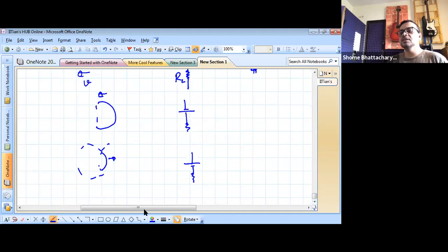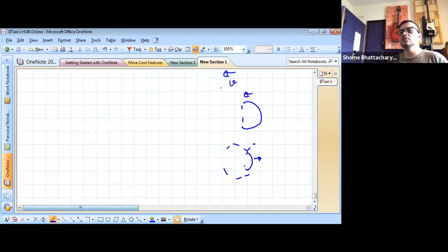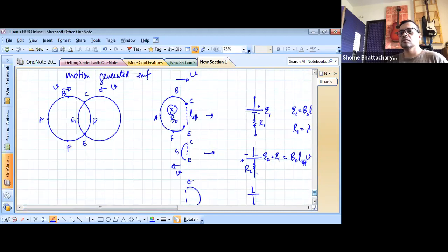So ultimately, this whole thing can be reduced to an effective circuit, where this arc over here is replaced with R1, E1.